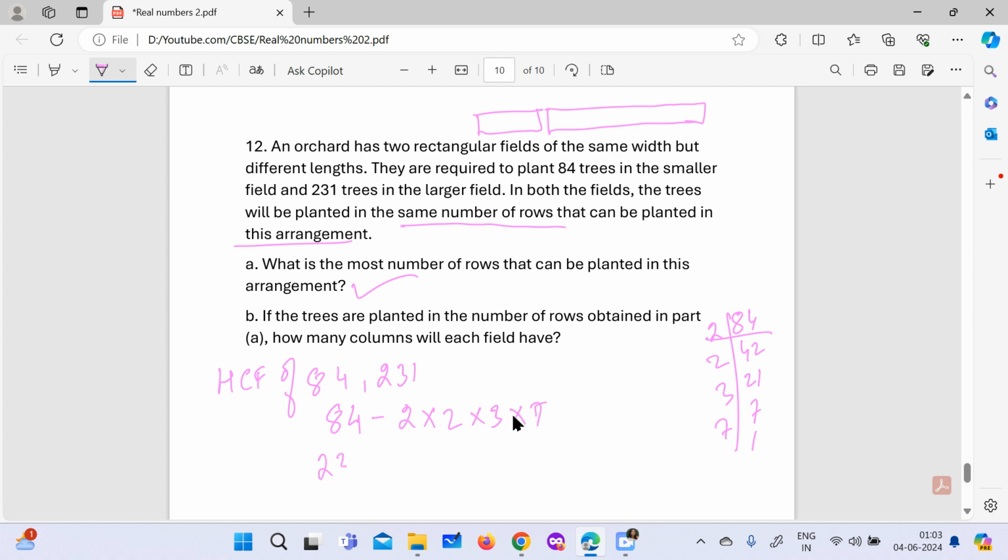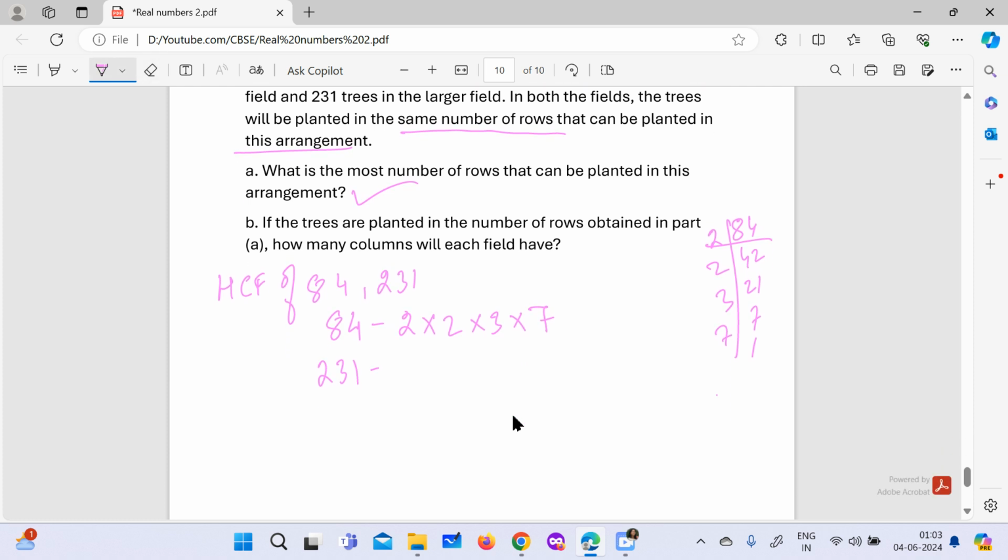And then for 231, this is divisible by 3. 3 sevens are 21, and then 7, 11. So you get here 3 times 7 times 11. So your HCF: 3 is common here and 7 is common here. So we get the HCF as 21.